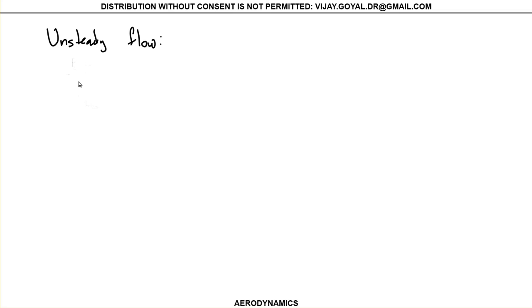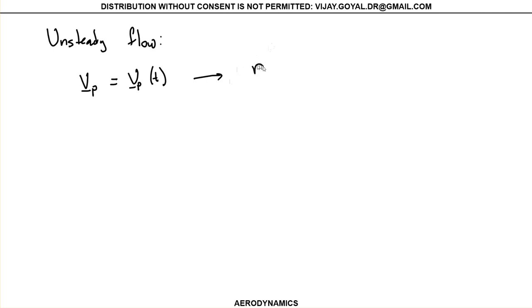We can say the velocity at a given point, let's call it P, is going to be a function of time only. What I mean is that this is going to come from the following.